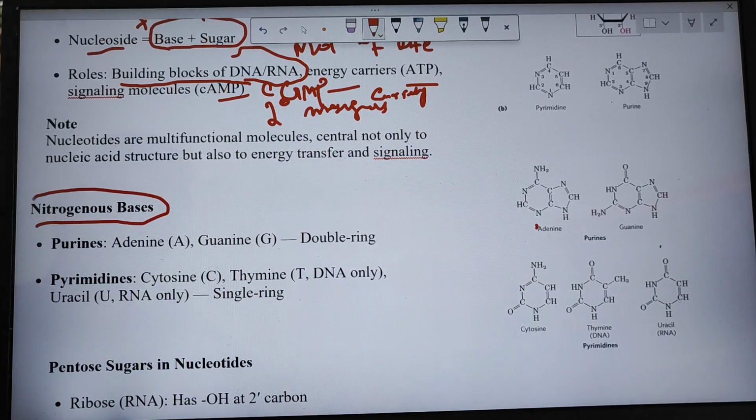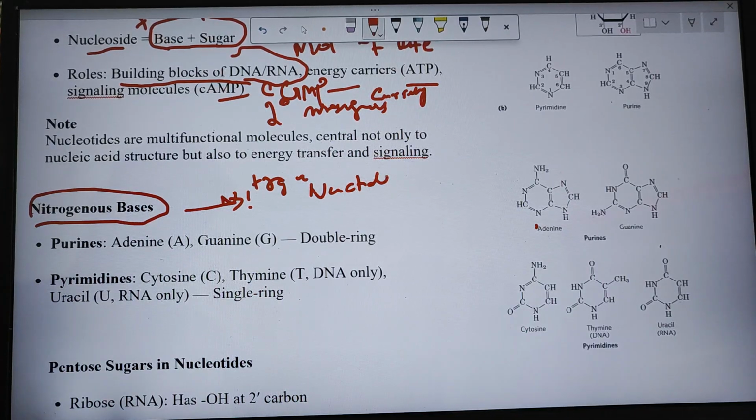These nitrogenous bases are organic molecules containing nitrogen atoms, and they act as the building blocks of nucleotides.